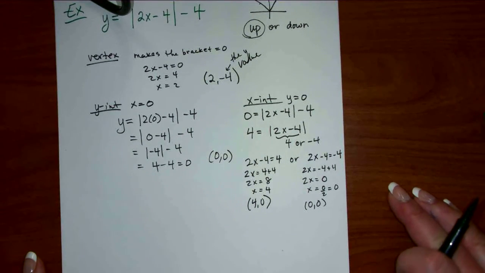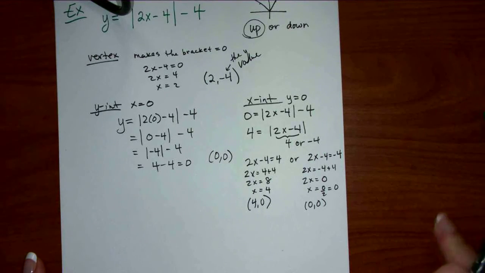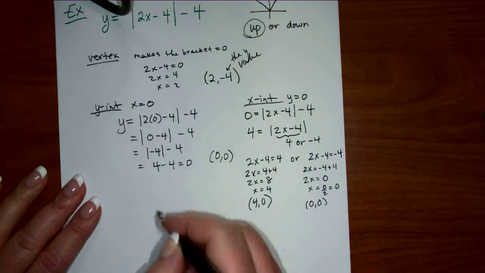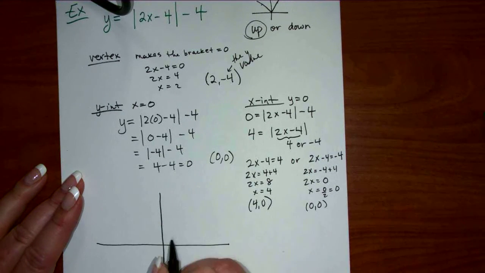Okay, so now we have the vertex, we have the x and y intercepts. What do we do next? Graph it. What do we start with? The vertex. Put your other points on.